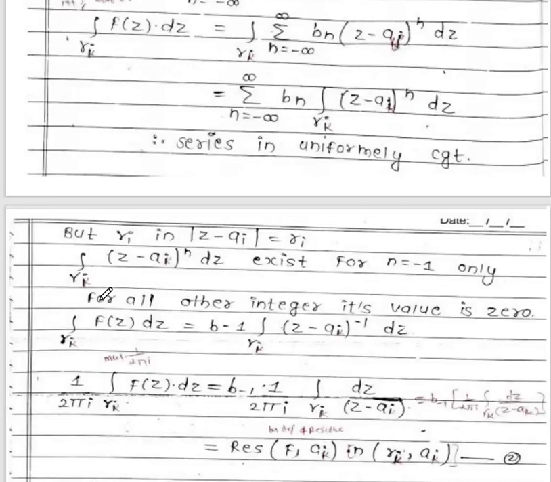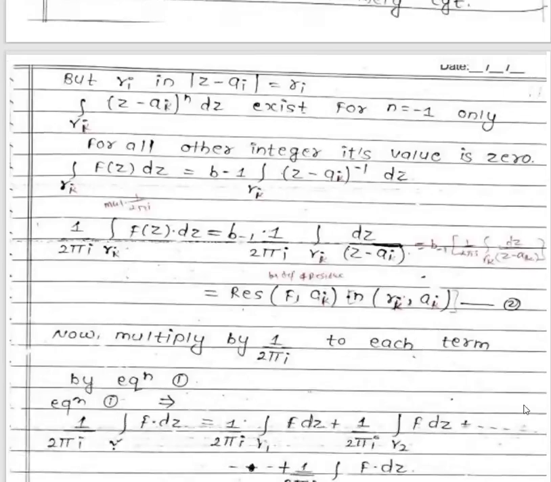So we can write the integral over gamma k of f of z dz equal to b minus 1 times the integral over gamma k of (z minus ak) to the power minus 1 dz. Multiplying both sides by 1 upon 2 pi i, we get 1 upon 2 pi i integral over gamma k of f of z dz equal to b minus 1 times 1 upon 2 pi i integral over gamma k of dz upon (z minus ak).